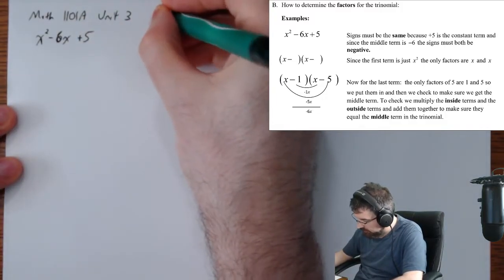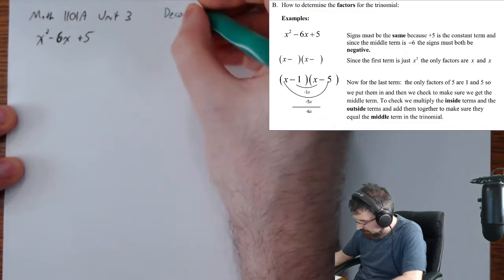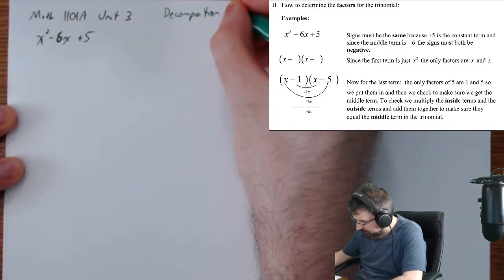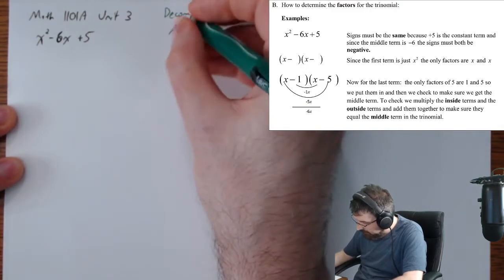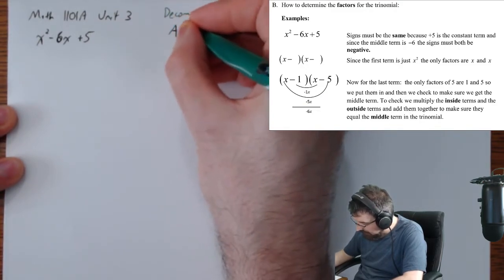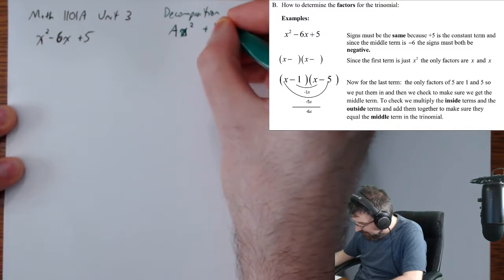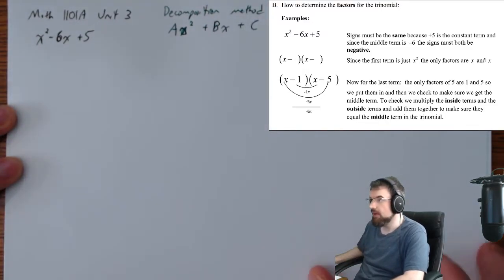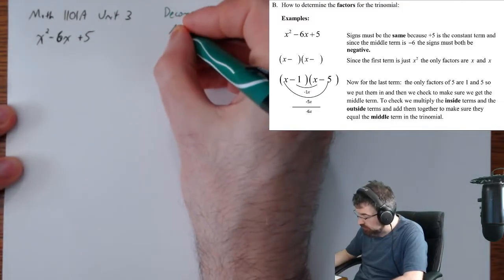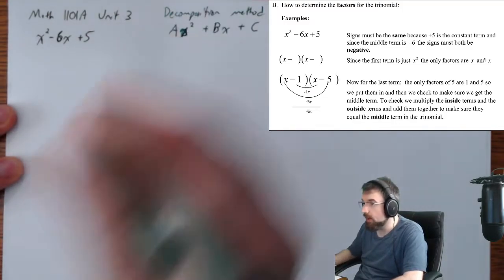Decomposition method in general: we have ax squared plus bx plus c. This is the general way that we will write out a quadratic like this.